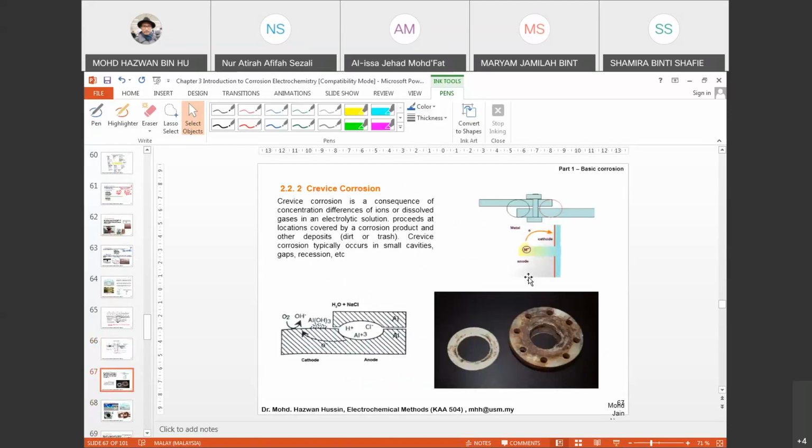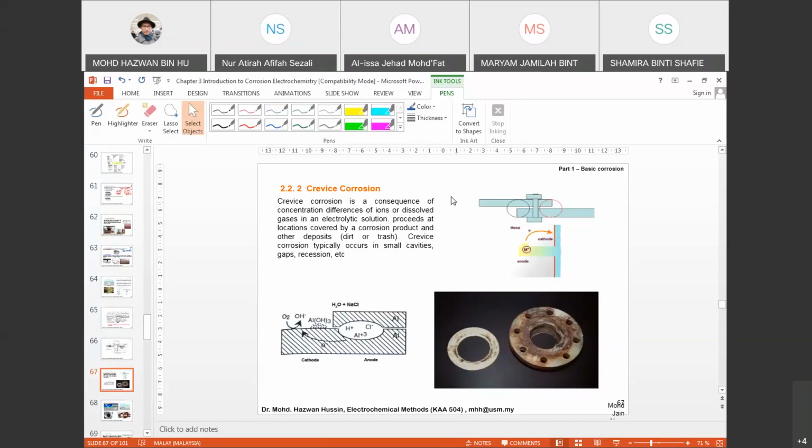The second type is known as crevice corrosion. Crevice corrosion is a consequence of concentration difference of ions or dissolved gas in electrolytic solution, proceeding at locations covered by corrosion product and other deposits.